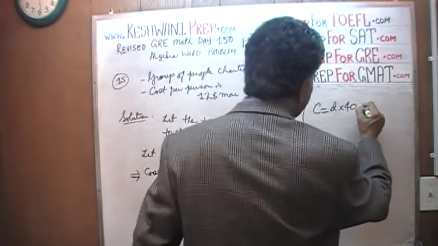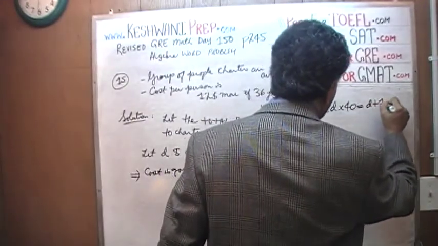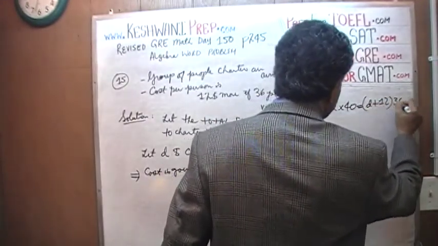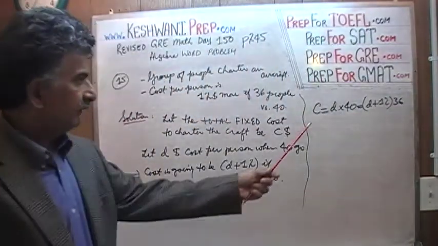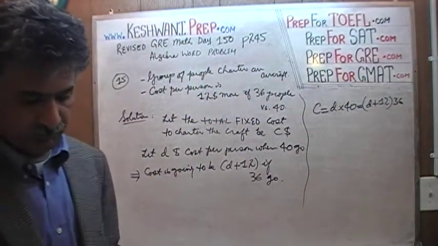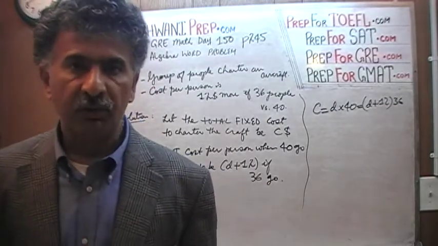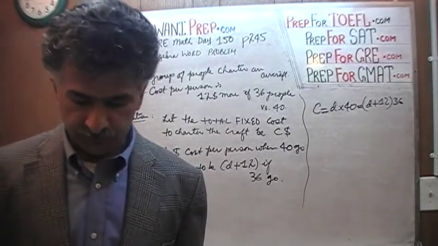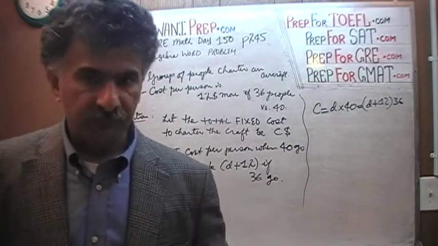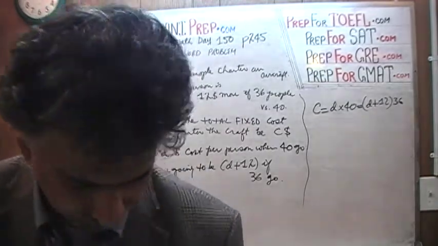So D plus 12 times 36 must also equal C, and that's our equation. All we have to do is solve this equation for D. Once we have the D, which is the cost per person when 40 are going, we can figure out the total cost. Let's do it then, shall we?